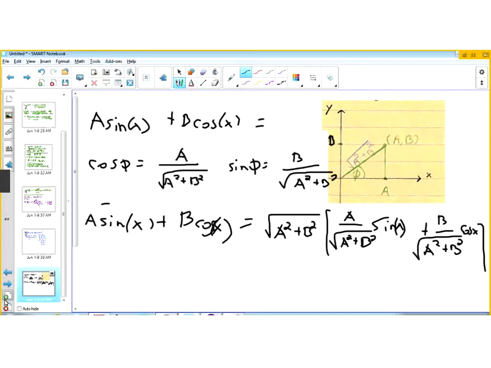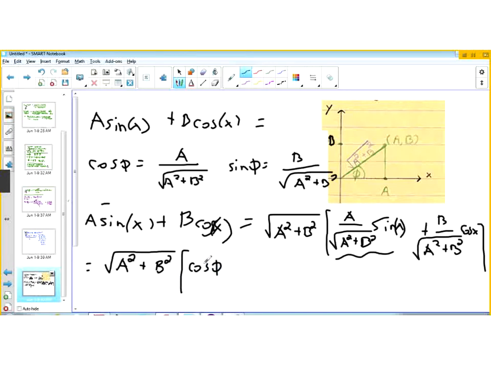Now, we know that the coefficient on sine x on this term right here will be the cosine of phi. Okay, so we can make the substitutions.